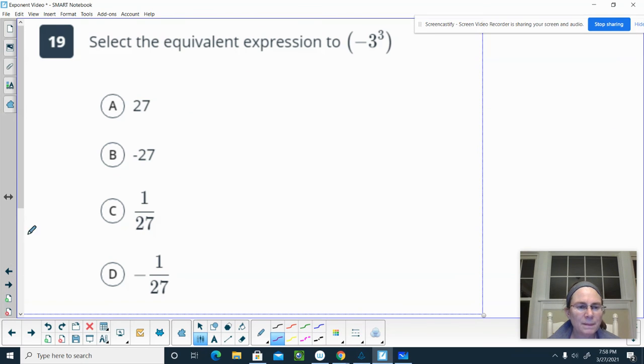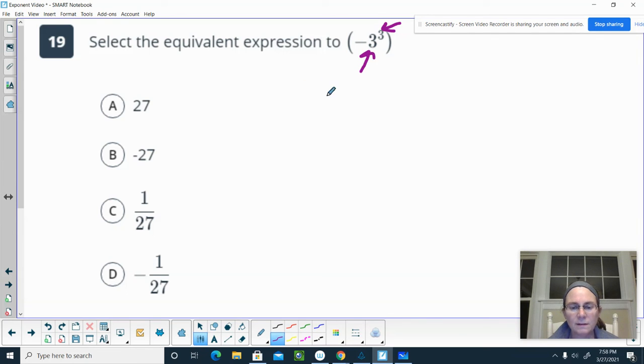Oops, I missed one. Select the equivalent expression to negative 3 to the 3rd. This exponent is positive. It's not negative. So what we're going to do is take this base of negative 3 and just multiply it by itself 3 times.